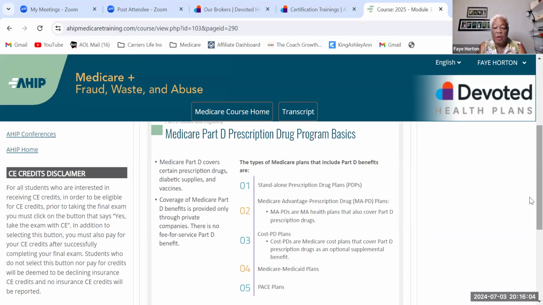Cost prescription drug plans, those are cost plans that cover Part D prescriptions as an optional supplemental benefit. And then you have Medicare-Medicaid plans and PACE plans.